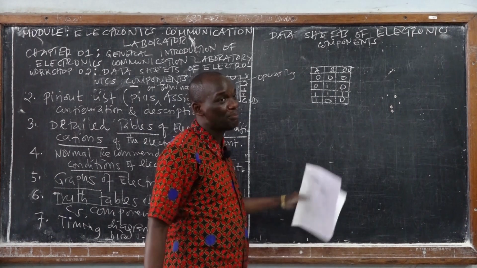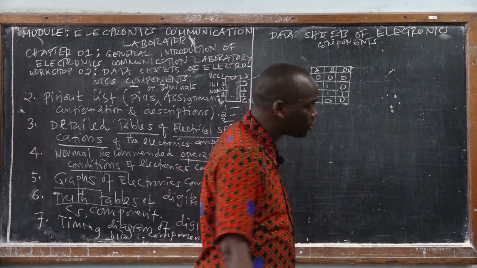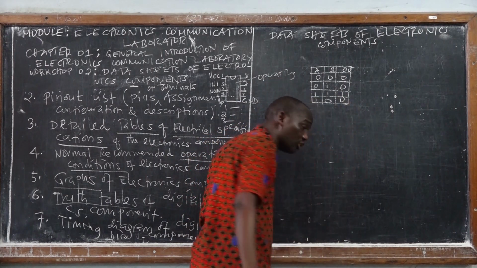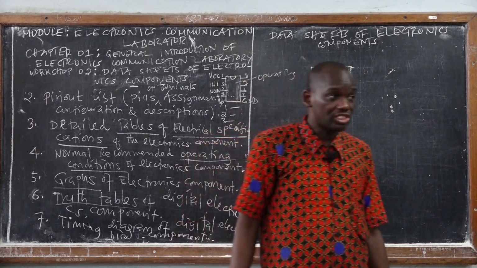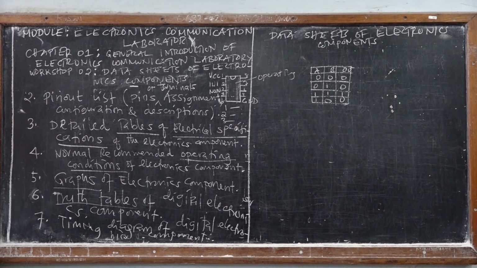So you expected simple truth tables like that. No. You will see truth tables which have X instead of 0. You will see truth tables which have some short abbreviations. So don't think that it's just a simple truth table. If it's a truth table of an AND gate, yes, you will see that, in case it is an AND gate of 2 pins. If it's an AND gate of 4 pins, you won't see that truth table, you see the other one.